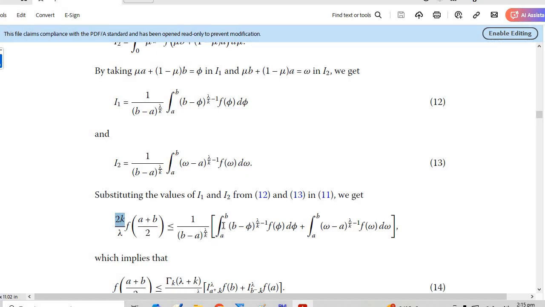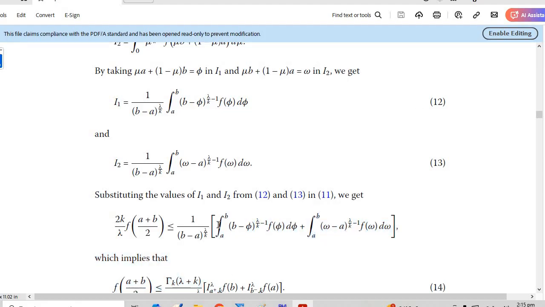If you carefully observe the definition of the k Riemann-Liouville fractional integral, which is given above, this inequality becomes this one.